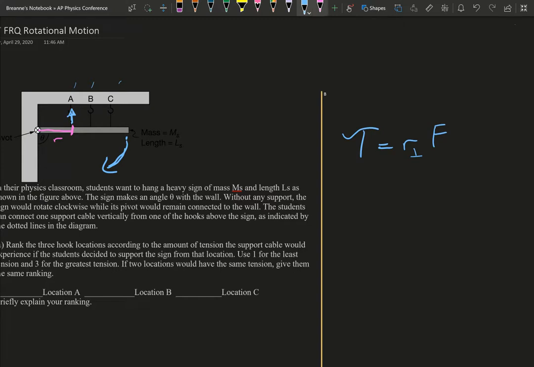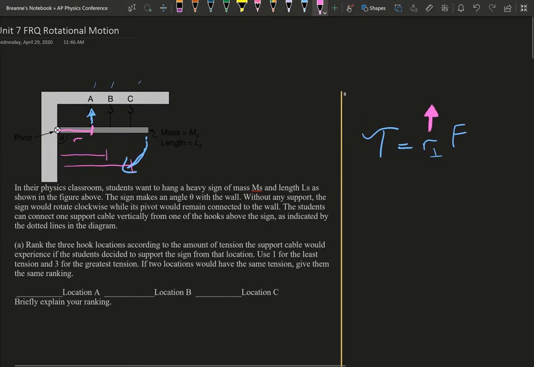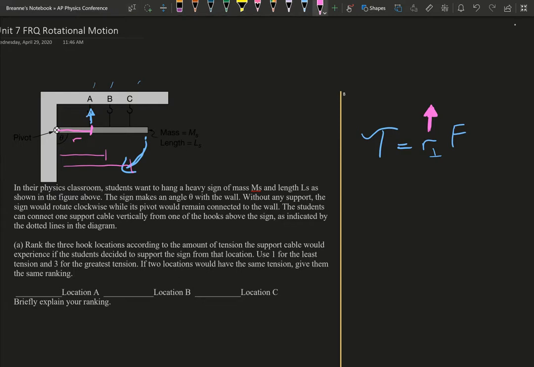So think about the relationship. What's happening to your r as you change positions? Your r is increasing. It's asking which is the least amount of tension. So if your r is increasing, how would that affect your force?